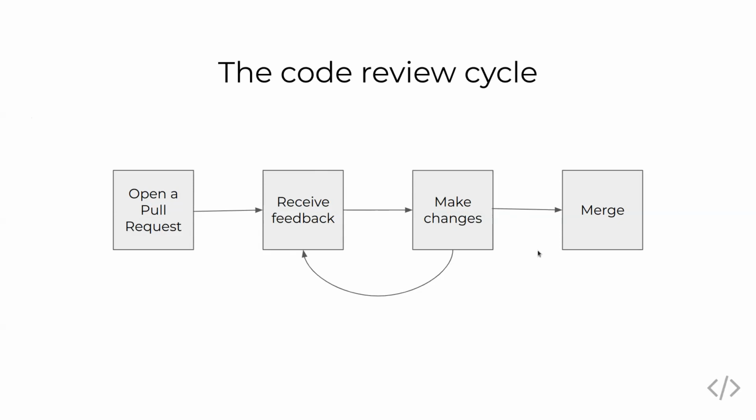The best place to find bugs and make good code is before the pull request. The second best place is in the code review cycle, when you're receiving feedback and making changes. And the worst place to find bugs and fix them is after the merge, because it's more time consuming. So this part is very important. And it's very important to not rush it so much.